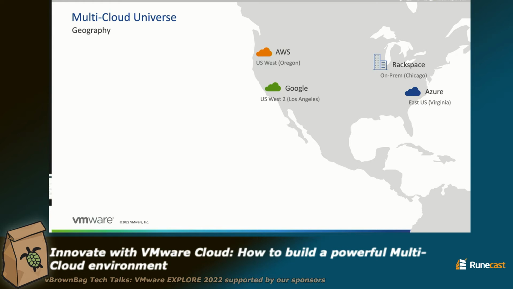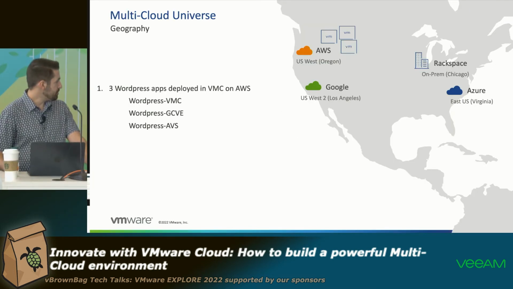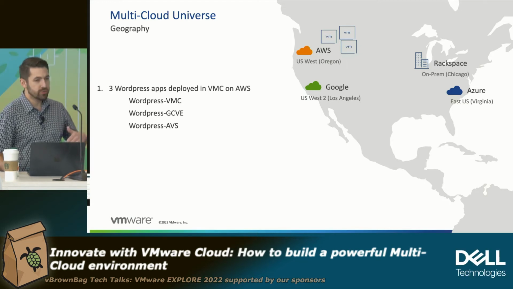So this is the current layout, and as we start this demo, we're going to have 3 VMs that are deployed in AWS. Those 3 VMs are WordPress apps, so those have been deployed ahead of time. And the naming scheme, even though they're all hosted on VMC on AWS right now, we have them named according to the hyperscaler that we're going to move them to.